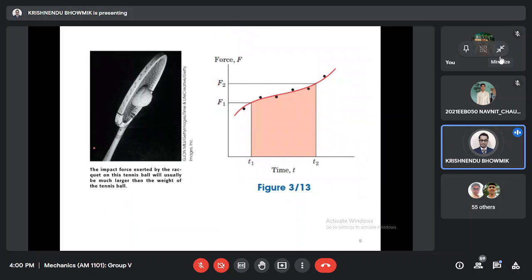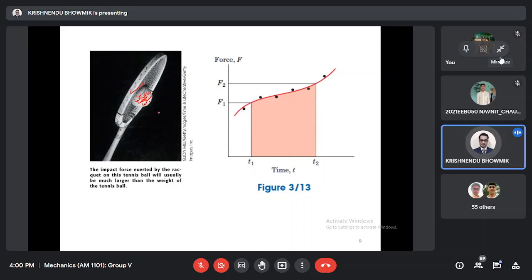For example, as I told, this is one impact due to the racket on the tennis ball, and we can assume that the impulse due to the weight of the ball is much lower than the force exerted on the ball by the racket.